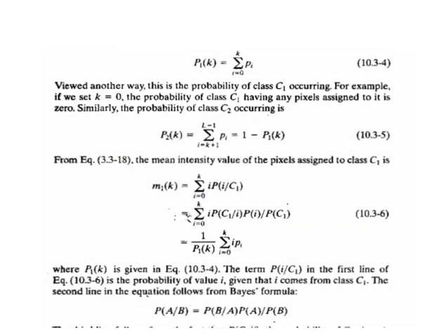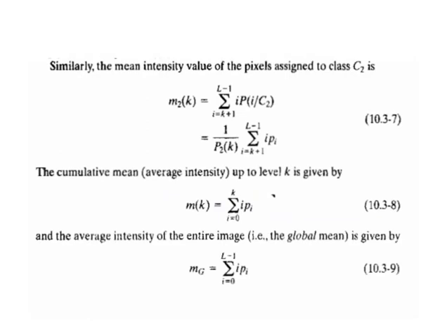The term P(i|C1) in the first line of the equation is the probability of the values of i, given that i comes from class C1. The second line in this equation follows from Bayes' formula, that is P(A|B) = P(B|A) P(A) / P(B). The third line follows from the fact that P(C1|i), the probability of C1 given i, is 1, because we are dealing only with the values of i from class C1.